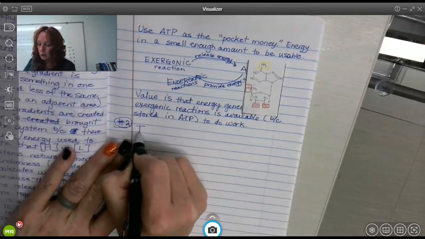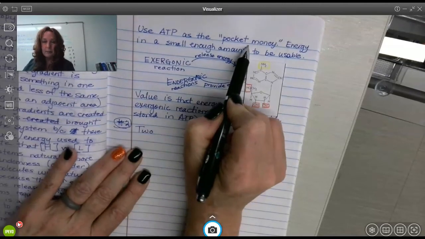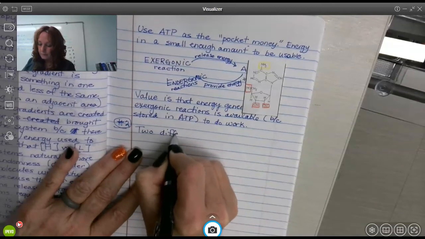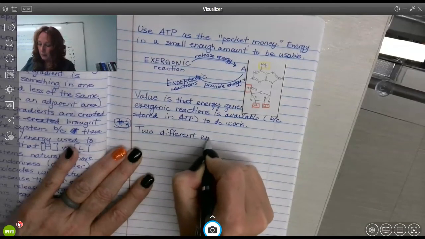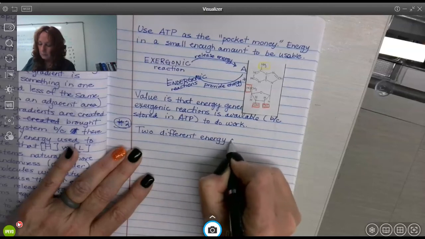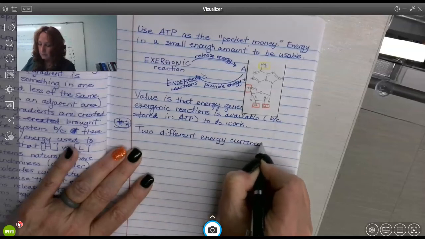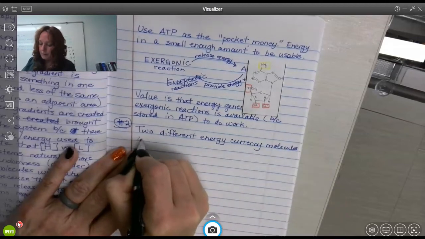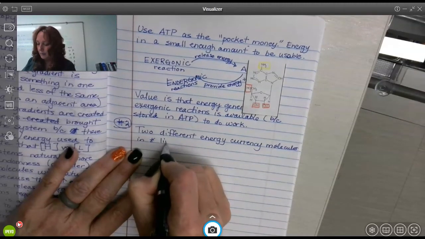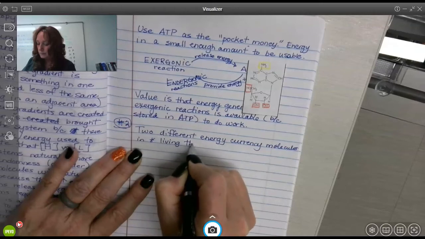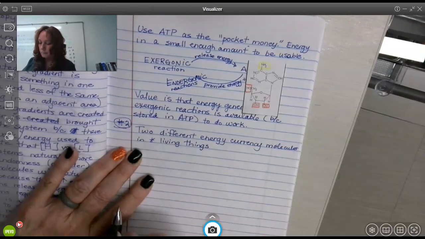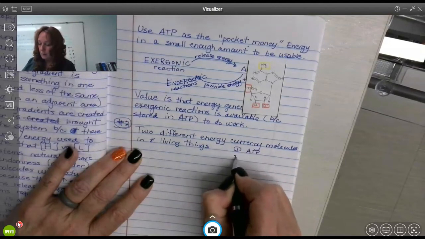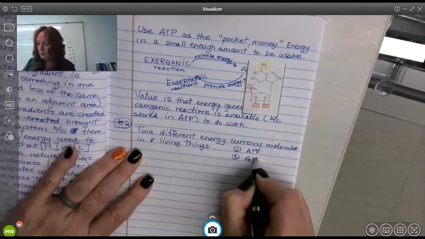So there are 2 pocket monies, 2 different energy currency molecules in the cell. And I'm just going to put in living things. The first one is the ATP. The second one is GTP.